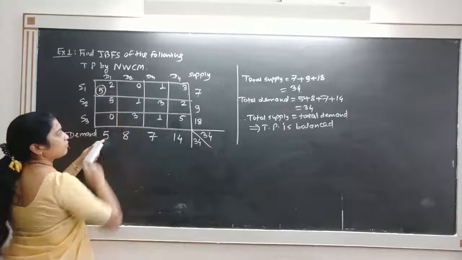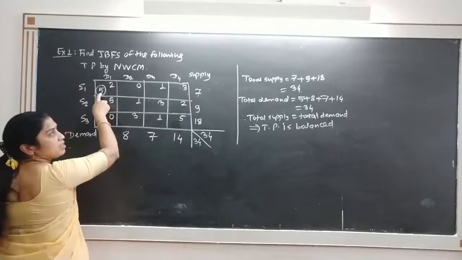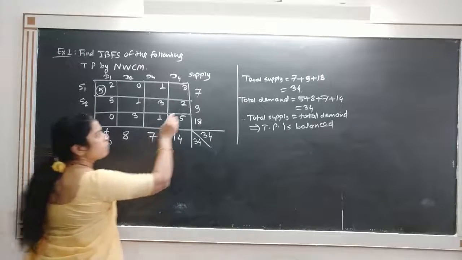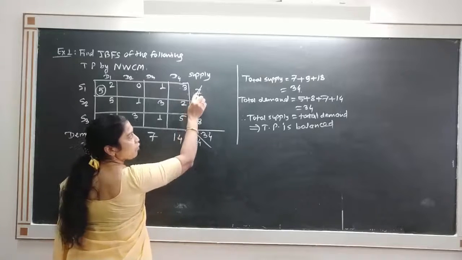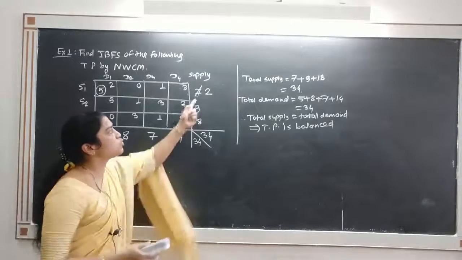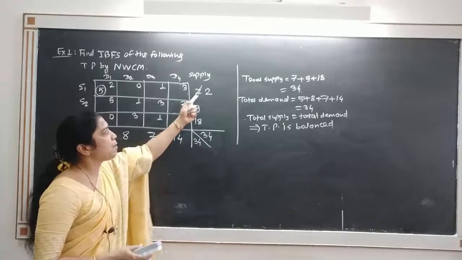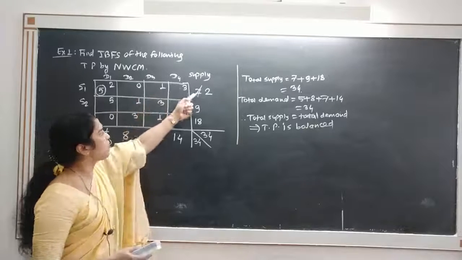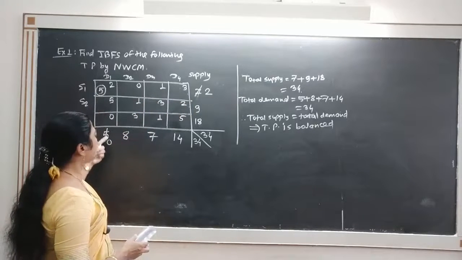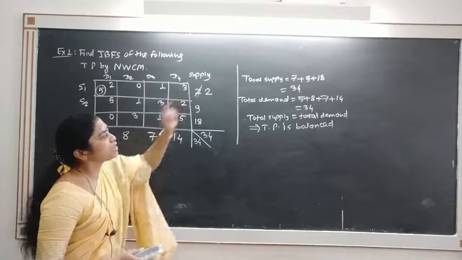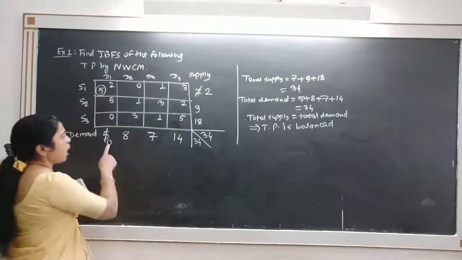By allocating 5 here, the demand becomes 0 and the supply remains 2. So we adjust the associated supply and demand by subtracting the allocated amount 5: 5 minus 5, the demand remains 0, and 7 minus 5, the supply remains 2.